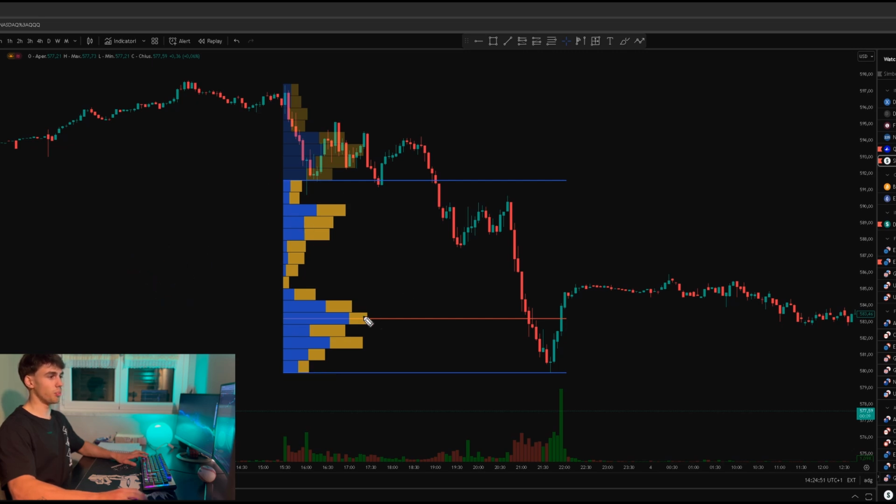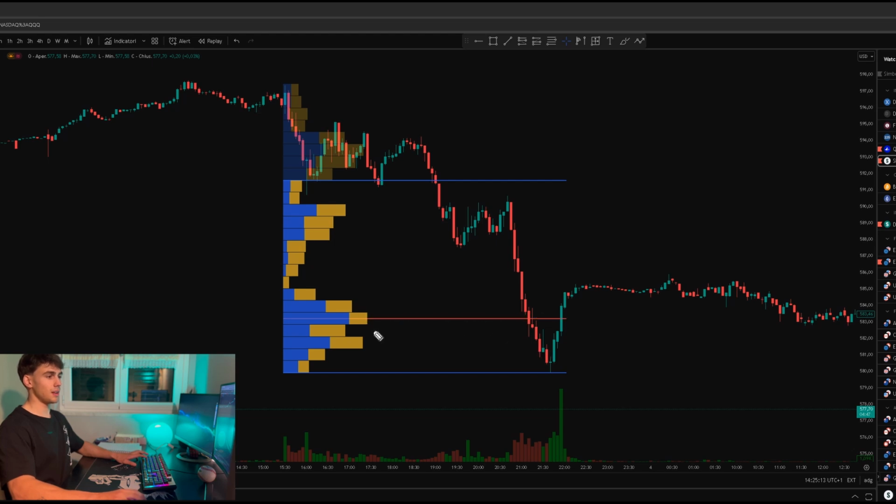Why is this so important? Well, because we can see, for example, right here on this lower end of the session, a lot of volume came in, and that means a lot of players wanted to participate here. The volume profile also shows you this red line right here.